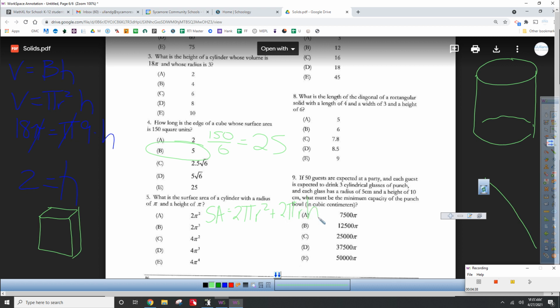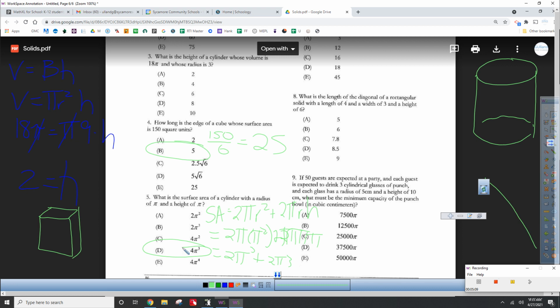Okay? So, this is going to be 2 pi times pi squared plus 2 pi pi. So it's 2 times pi cubed plus 2 times pi cubed. So it's 4 pi cubed, which is D.